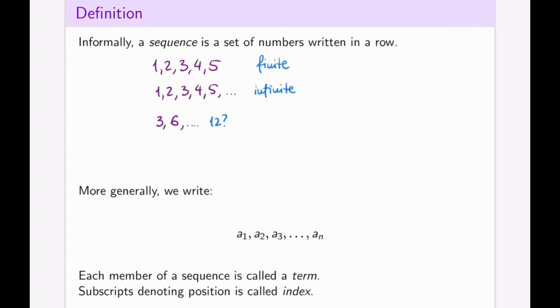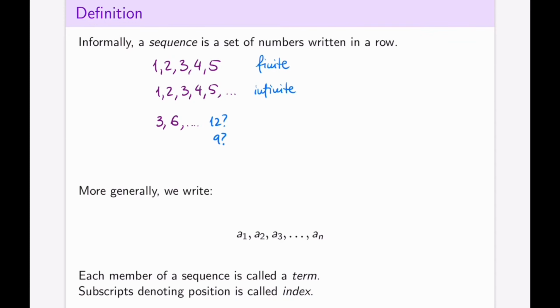Maybe I'm multiplying by 2 to get from 3 to 6, from 6 to 12. Or maybe I am adding a 3 every time. That way, the next term in the sequence has to be a 9. That's not clear. So if we are going to use this dot dot dot notation because we cannot write infinitely many numbers, we have to do so carefully in order for the pattern of the sequence to become obvious.